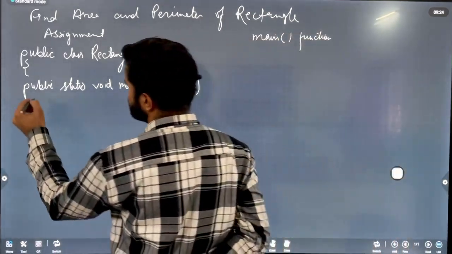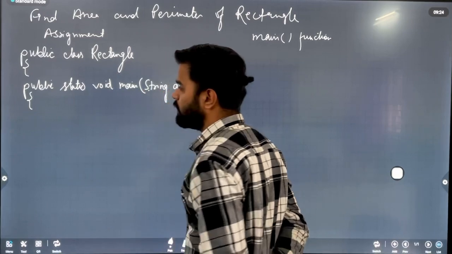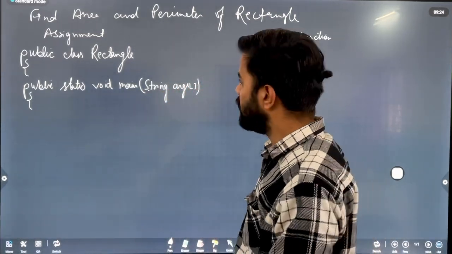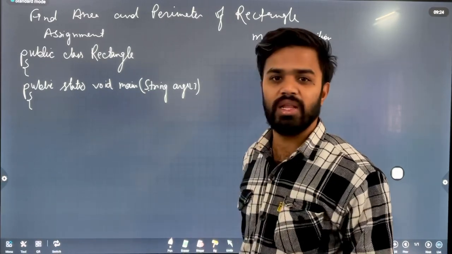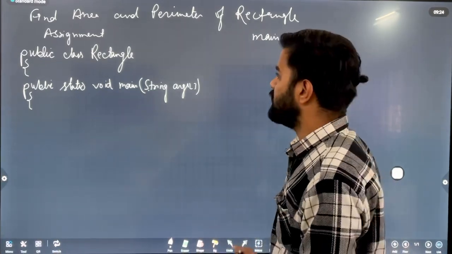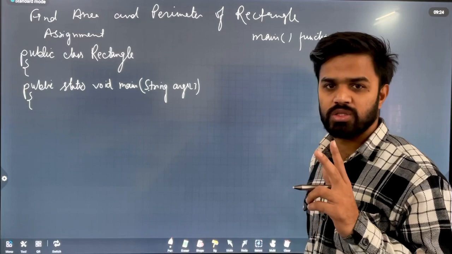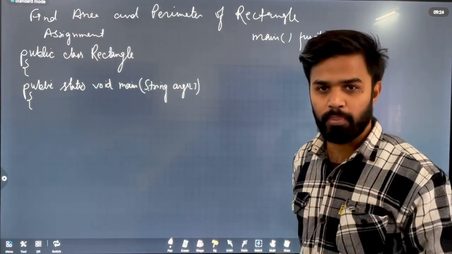Now after this, there is a curly bracket, and now we declare the variables where we initialize the length and breadth of the rectangle, and there is a requirement of 2 more variables to find area and perimeter.